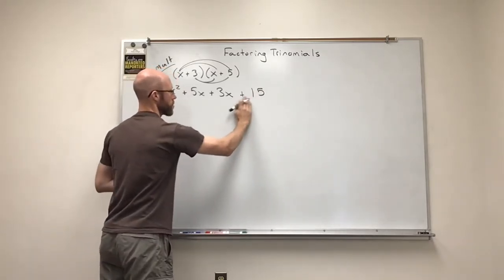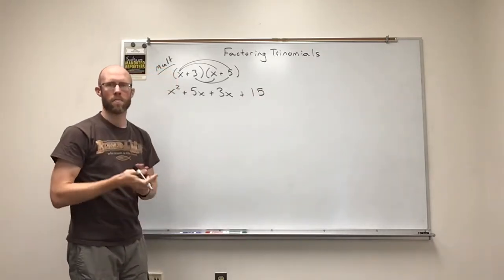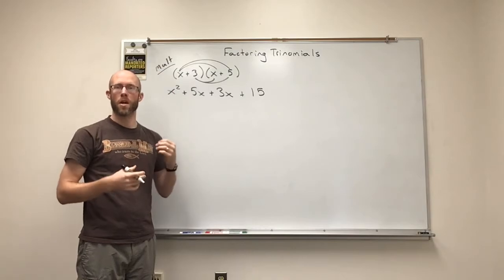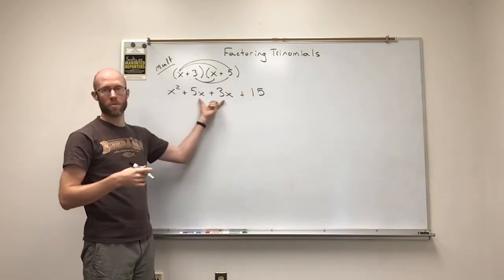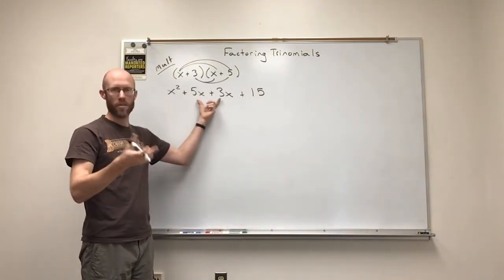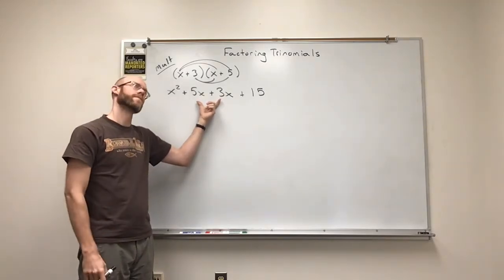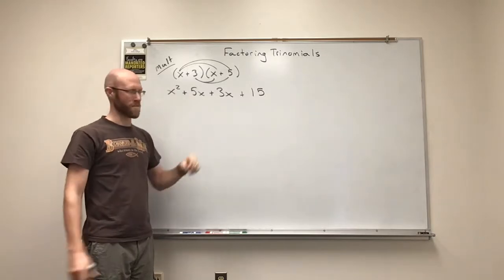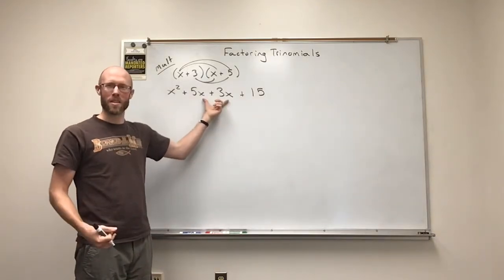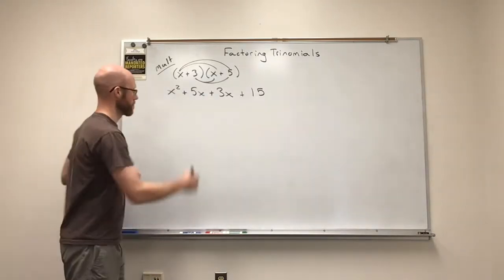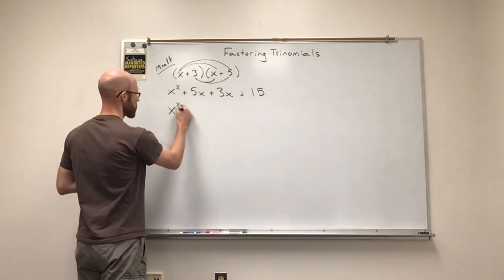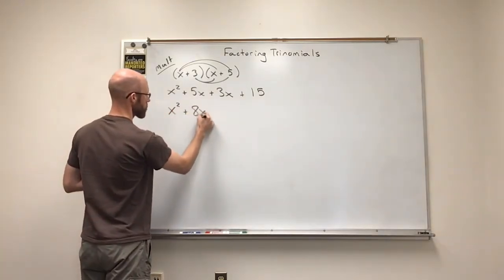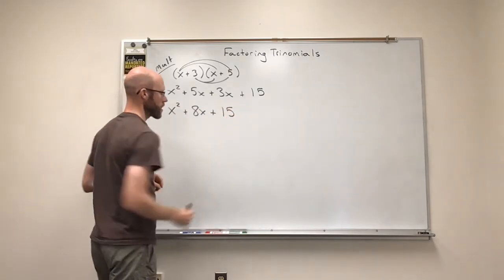Okay, so that gives us 4 terms, but there are like terms in the middle, and we can combine them. And so I get x squared plus 8x plus 15.